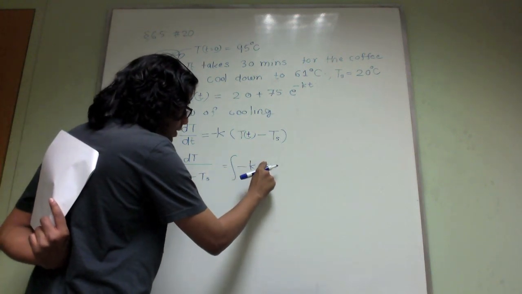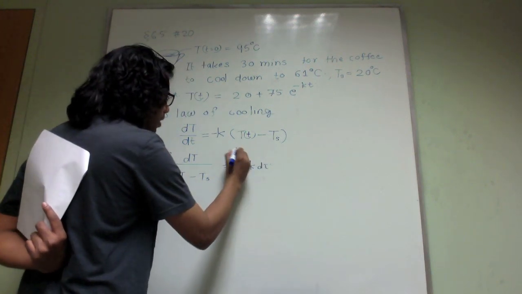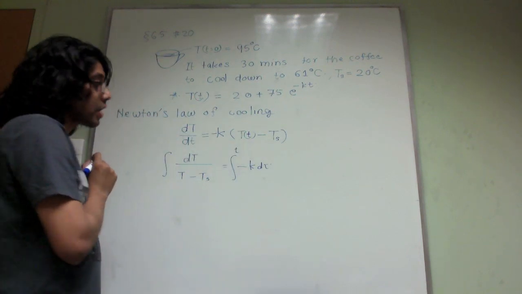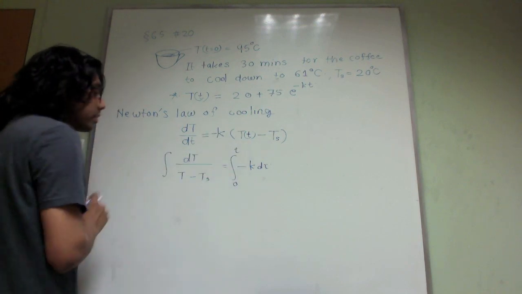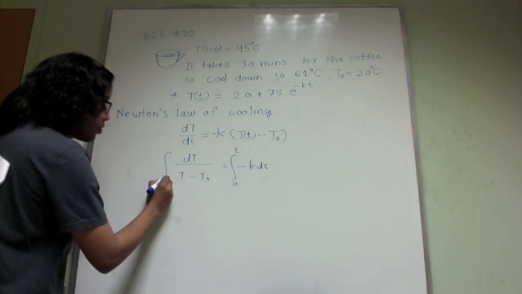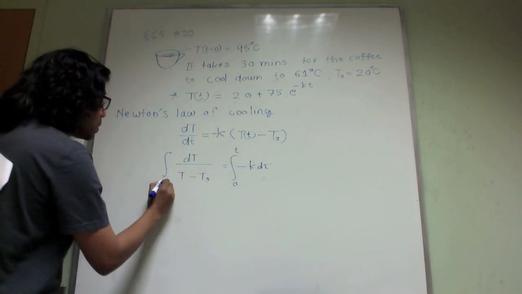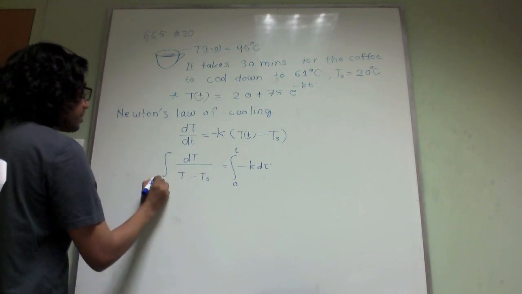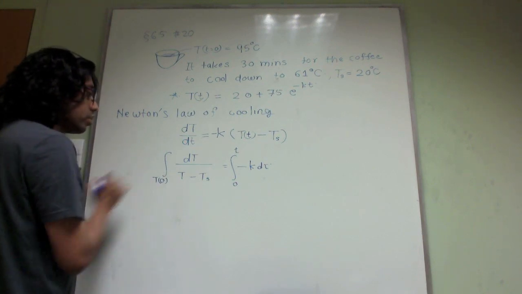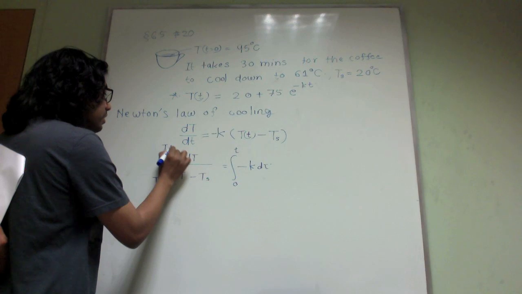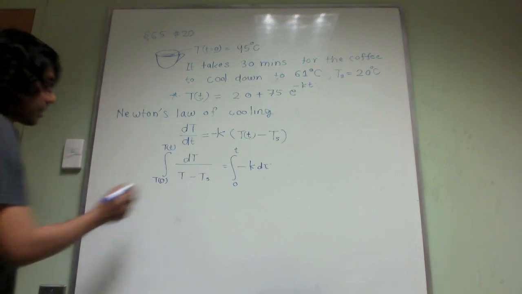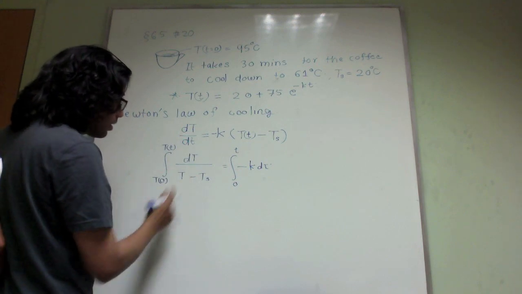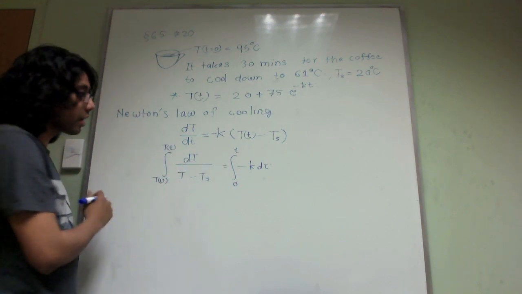I want to change this t to tau because I want to write down the equation at time t, and the time is going from 0 to t. Here time is going from 0 to t, so the temperature will go from T0 to capital T(t).